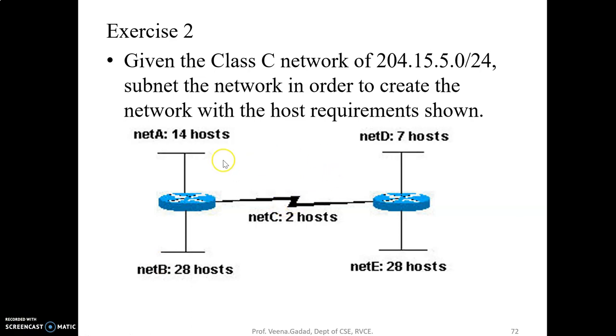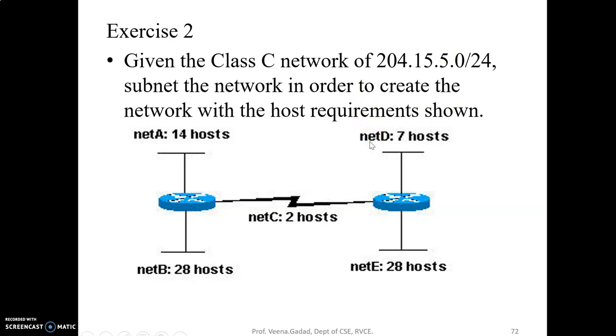After this, determine the number of hosts that are required. The maximum number of hosts is 28. So how many bits are we left with? 3 bits are used to create the subnetworks, so the remaining number of bits will be 5. With 5 bits I'll be able to create 30 usable addresses. So that will be sufficient for designing this network.